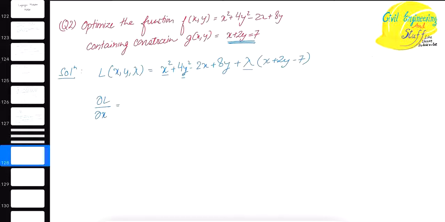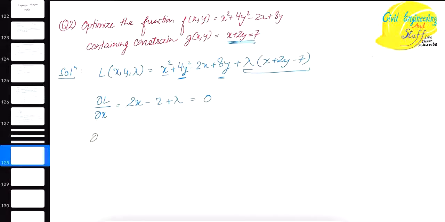On partially differentiating, we will have 2x, then the 4y square term will be 0 because it is treated as a constant, then minus 2, again the constant term 0, and in this whole expression we will have lambda. So we have 2x minus 2 plus lambda, and we put this equal to 0.